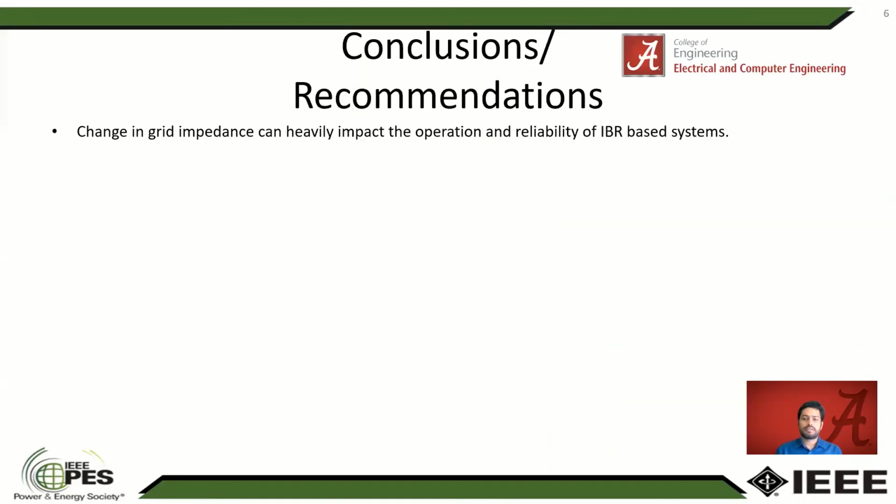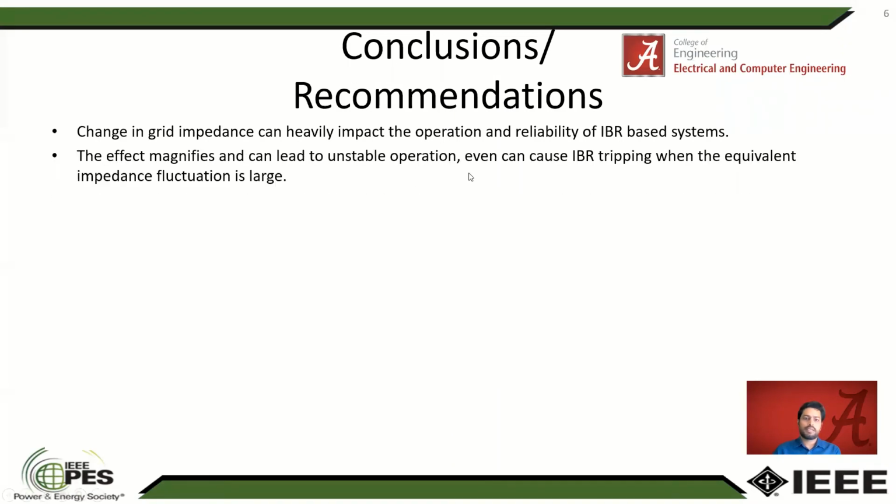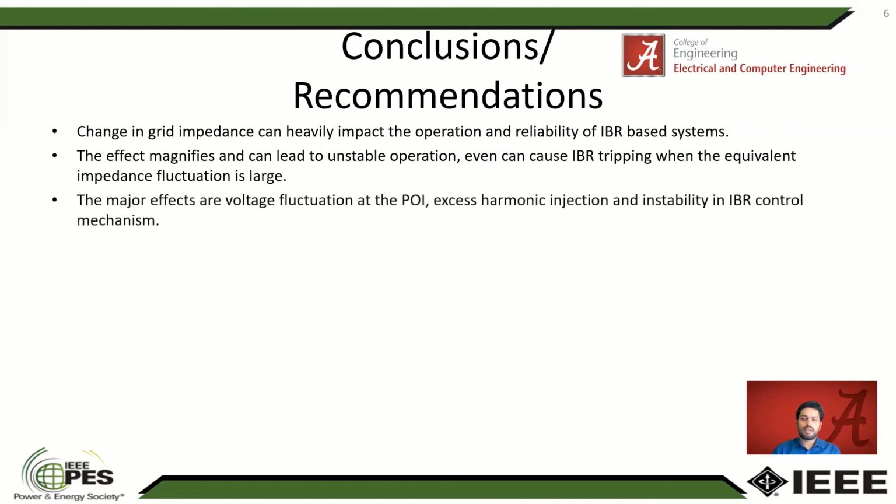I can summarize the results here. The changes in grid impedance can heavily impact the operation and reliability of the IBR systems, and the impact even magnifies and can lead to unstable operation, and even cause IBR tripping when the equivalent impedance fluctuation becomes large. The major effects are voltage fluctuation at the point of interconnection, excessive harmonic injection, and the stability of the IBR control mechanism.